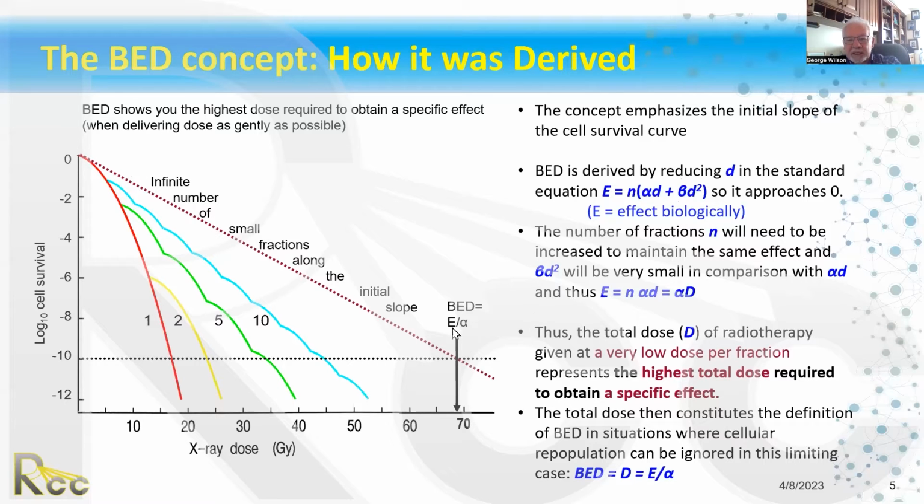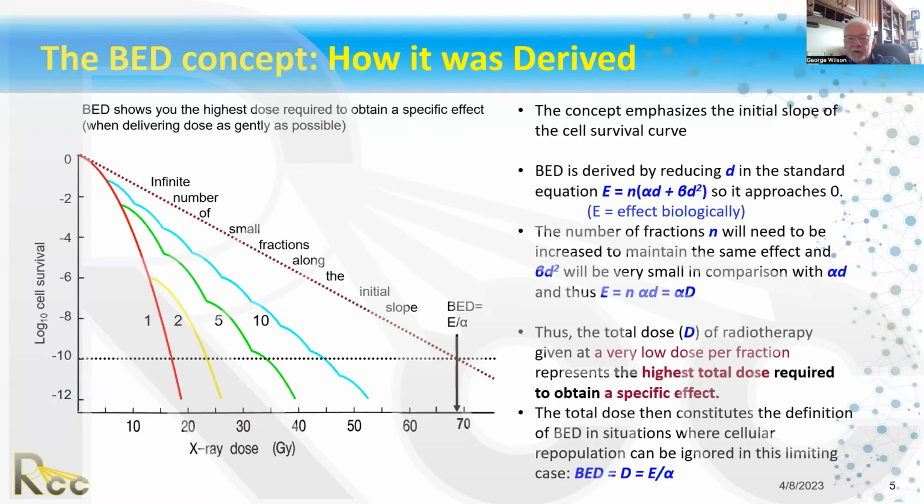So in this particular case, the effect, in this case log cell kill, equals the number of fractions, times the alpha component, times the dose per fraction. And so n and d can be combined so that the effect simply equals alpha D. And thus the total dose D of radiotherapy given at very low dose per fraction is the highest total dose required to obtain a specific effect.